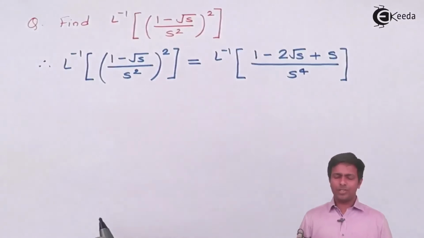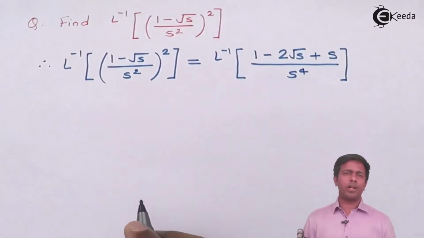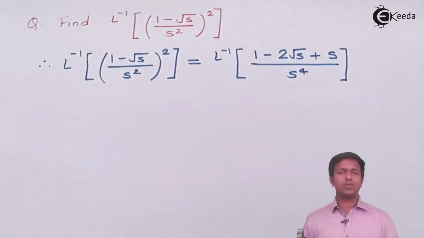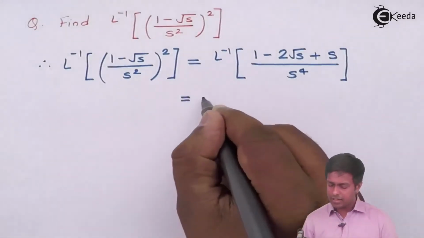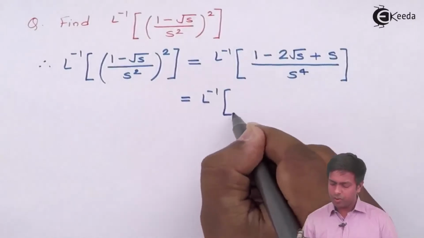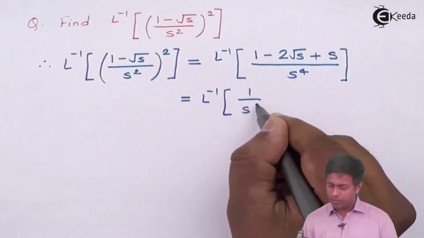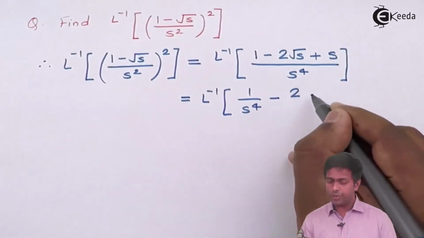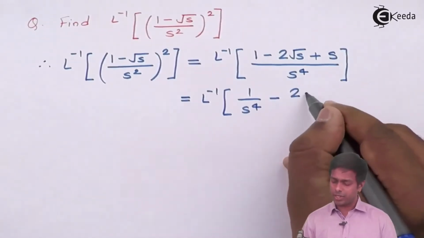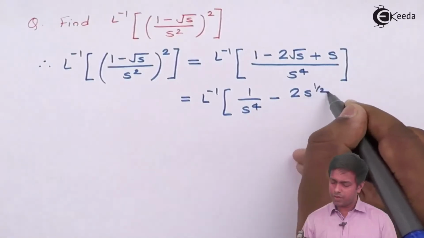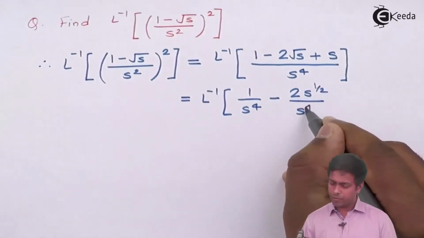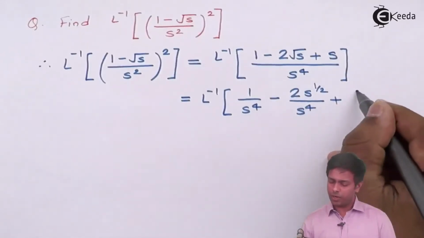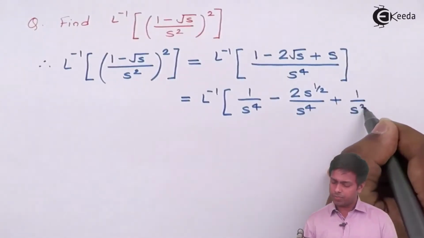Now guys, in the numerator we have 3 terms, in the denominator we have 1 term. We will divide each and every term of the numerator separately by s raised to 4. So that will give us L inverse of 1 upon s to the power 4 minus 2 into root s, and root s is nothing but s raised to half, upon s to the power 4, plus s upon s raised to 4, that is 1 upon s cube.